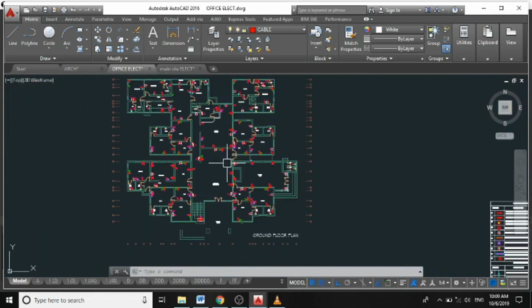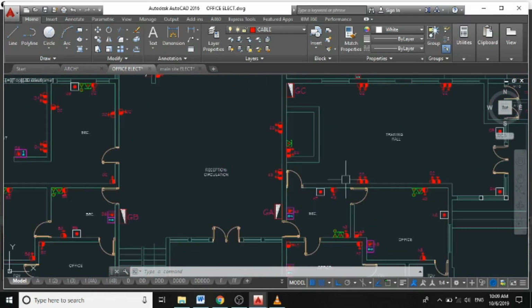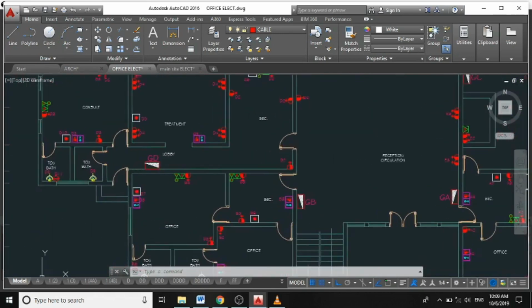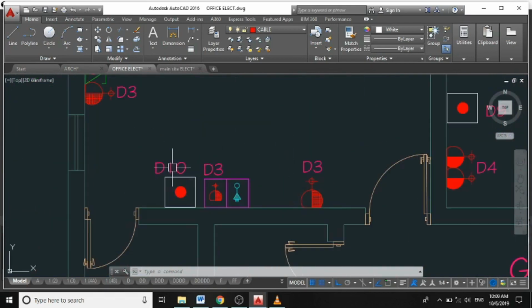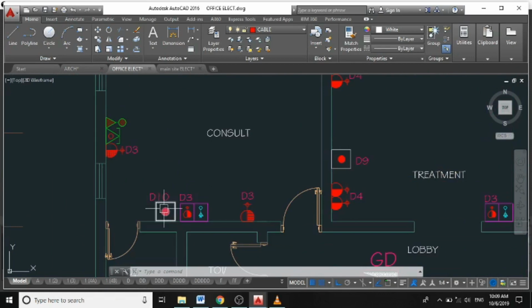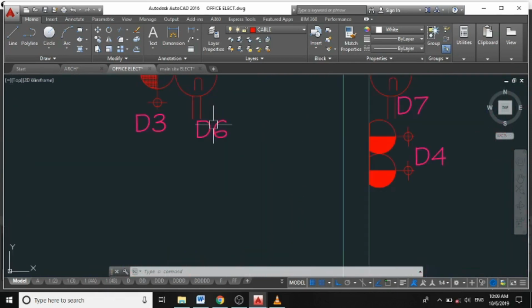Likewise, for the power design here for my sockets, I'm having D3 here. I still have D3 here. I'm having D10 here. I'm having D3 here. I also have D6 here.